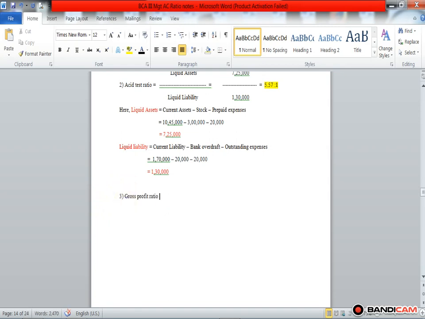Gross profit ratio is equal to GP, meaning gross profit, divided by sales.